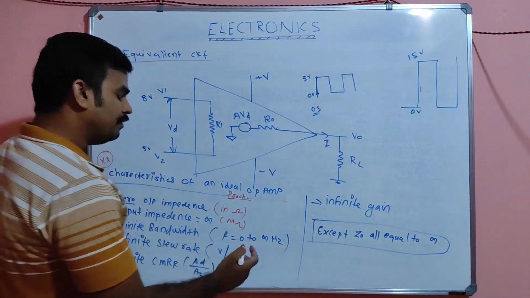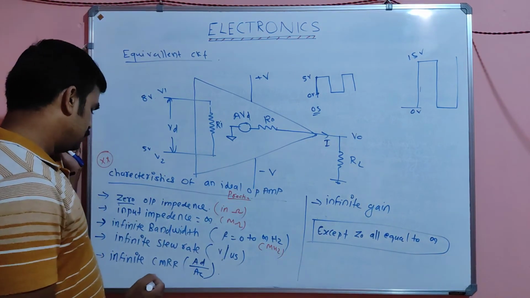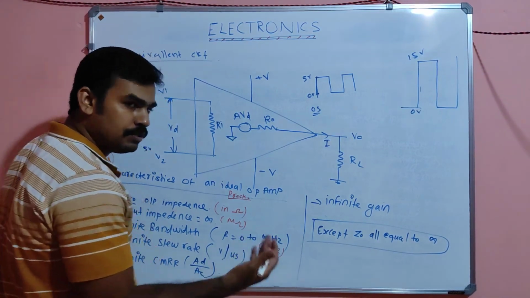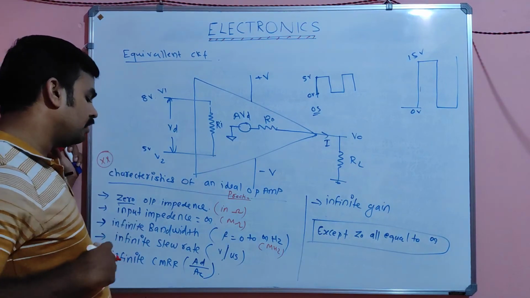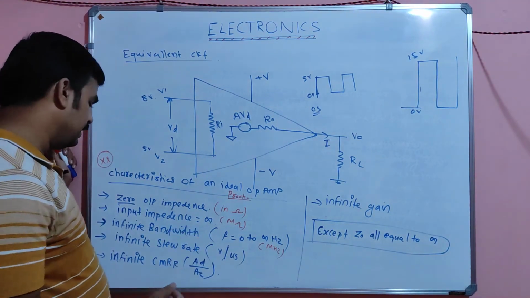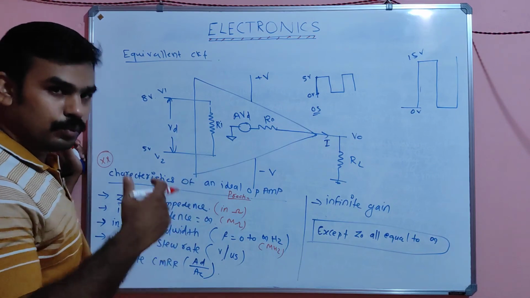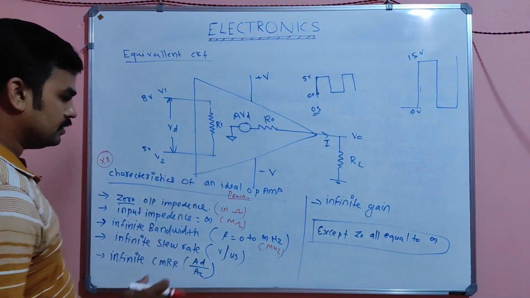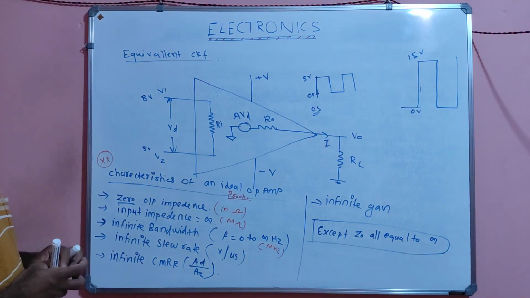Bandwidth will be in the megahertz range. Slew rate is also a very high quantity. CMRR is also very high, but not infinity. Gain is also infinity ideally, but practically we get a very high gain. That's all. So this is the picture of the ideal op-amp.